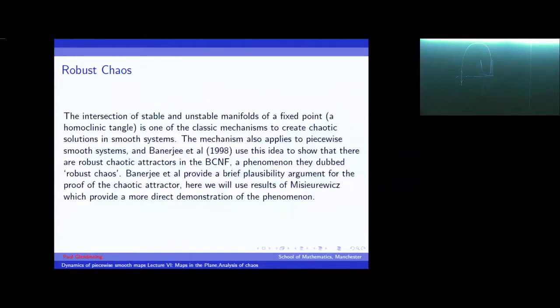So the existence of chaos due to transverse homoclinic intersections was one of the standard examples. In fact, it pretty much goes back to Poincaré.